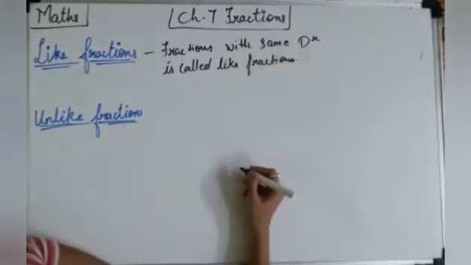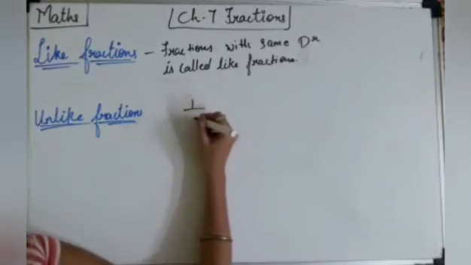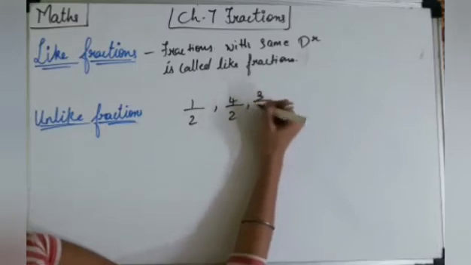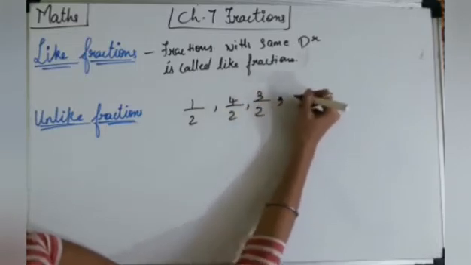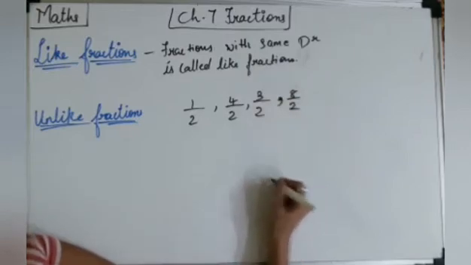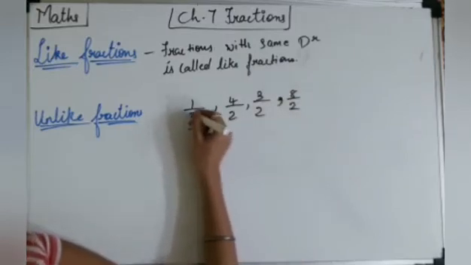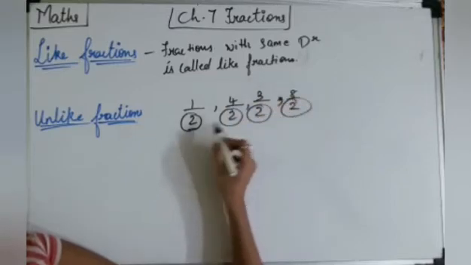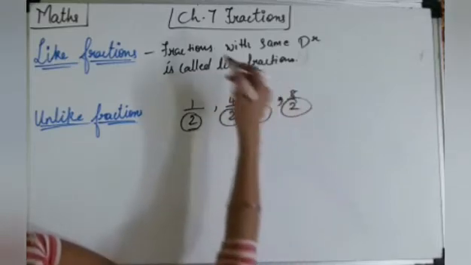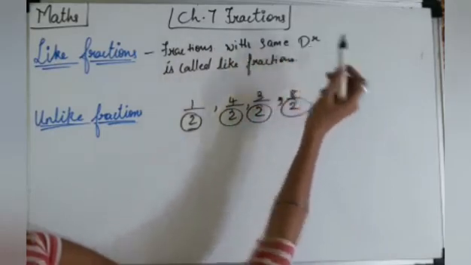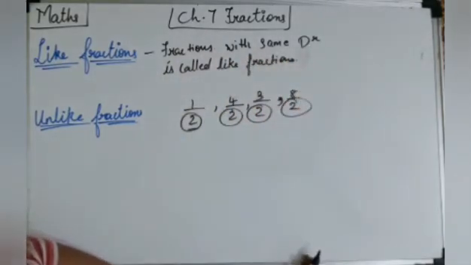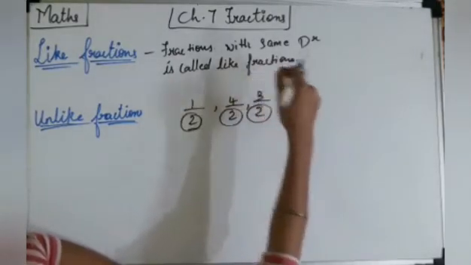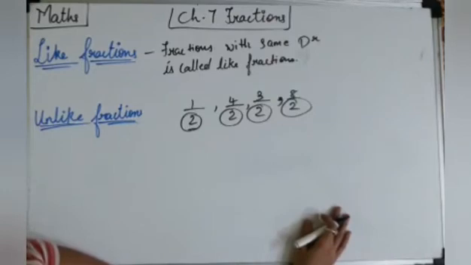For example, same denominator means what? 1 upon 2, 4 upon 2, 3 upon 2, 8 upon 2. So here we can see that the denominators are same, 2, 2, 2, 2. Means the fractions with the same denominator. So they are called like fractions.